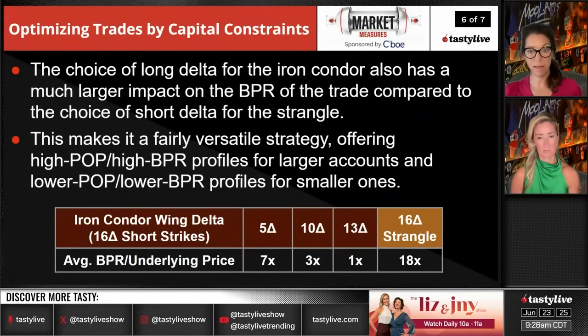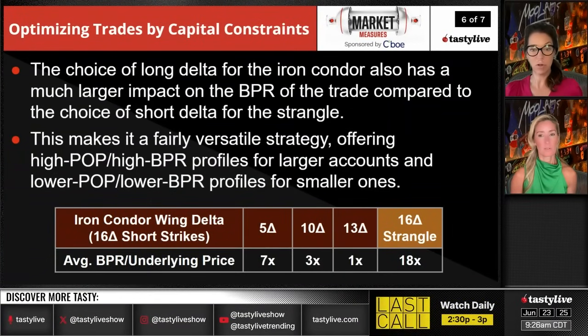You need to get X percent of the spread width. If you're buying wings just as a little bit of buying power relief, you could treat it more like a naked strangle, where if your put's getting tested, you might want to roll that call down, or you make it tight enough where it is defined risk and you are getting a third of the width of the strikes, and you treat it more like a defined risk trade. Right. So there are so many caveats to this, and there's nothing wrong with Iron Condors.